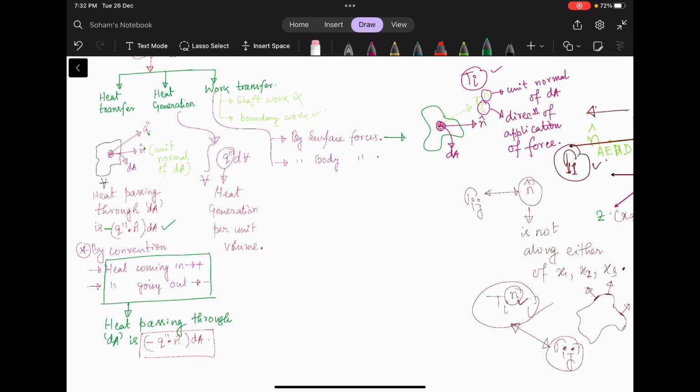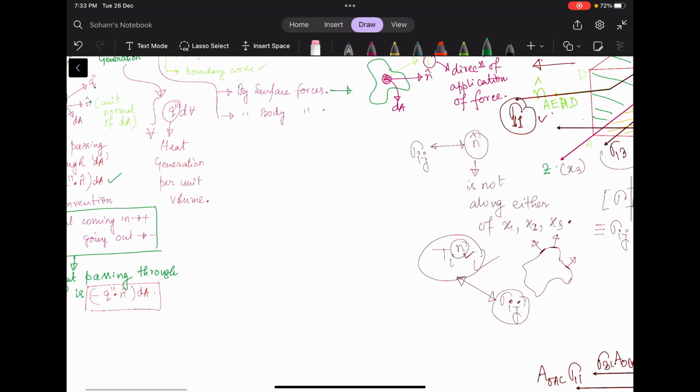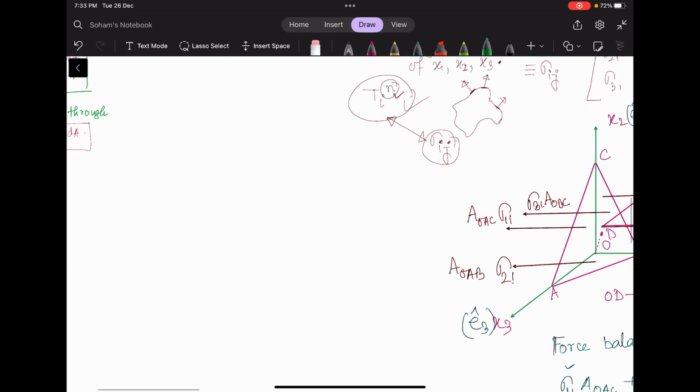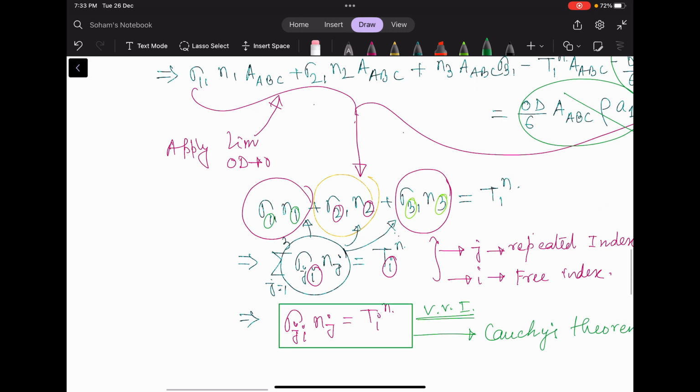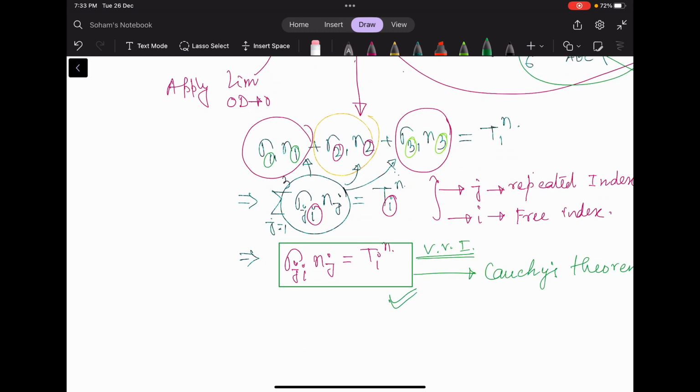I could have told you, just believe me that this is Cauchy's theorem, and this is taught in various fluid mechanics courses, and you just go and learn from there. Either in a fluid mechanics or in a solid mechanics course.